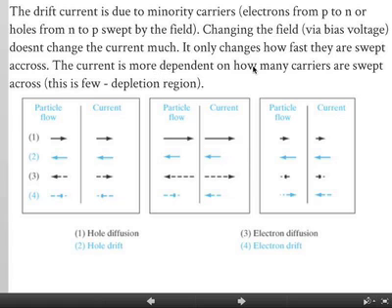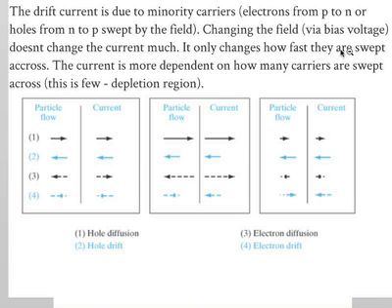The current is more dependent on how many carriers were swept across, and this is very few in the depletion region, so we can basically say that the current doesn't change. Okay? The increase in the field only changes how fast they're swept across, like the speed, right? Remember, the drift current was something like, I don't remember the actual expression, but something like the field, the mobility, times the concentration, right?